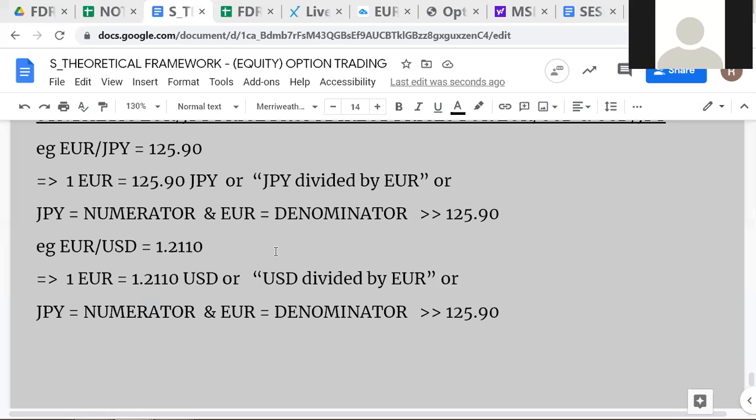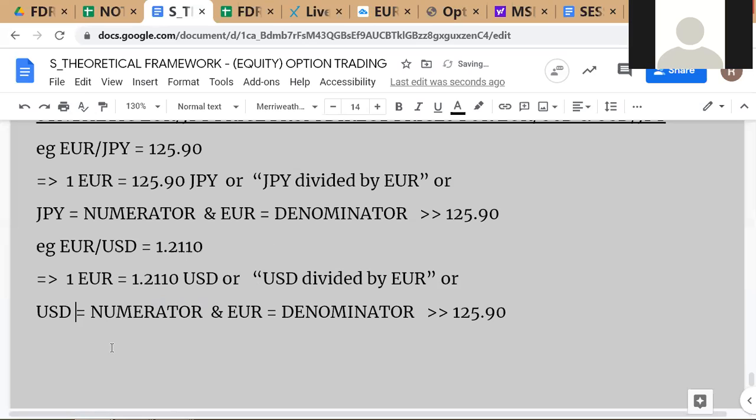It will be USD. Numerator is USD, yes, sir. Correct. Good to see the battery is fully charged. So USD divided by EUR. In this case, USD is the numerator and EUR is the denominator. It's just 121.10. We'll just use this.